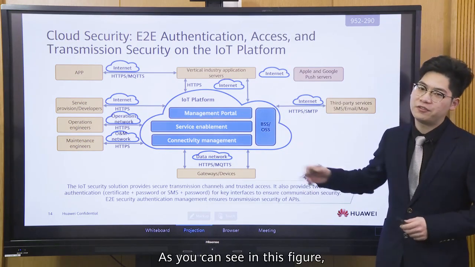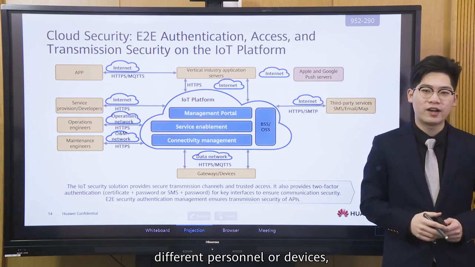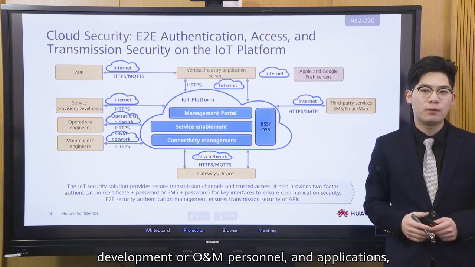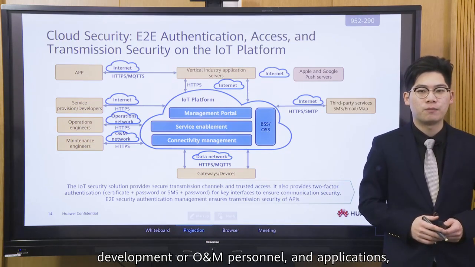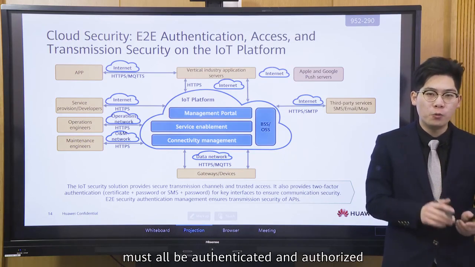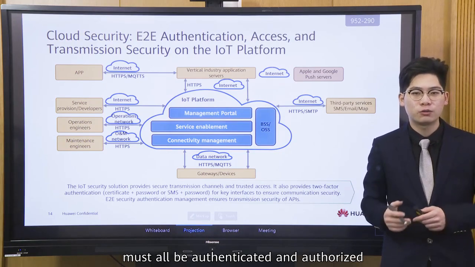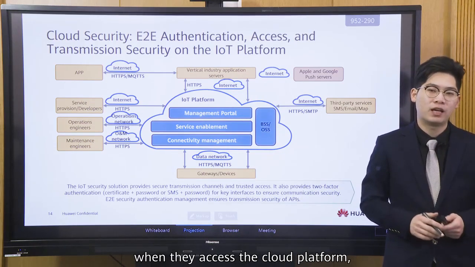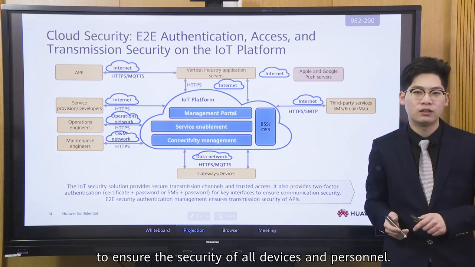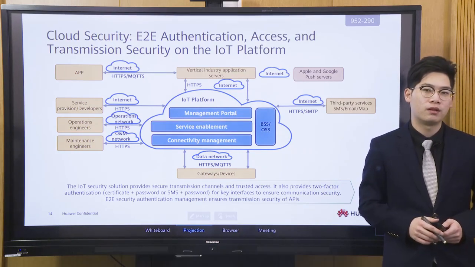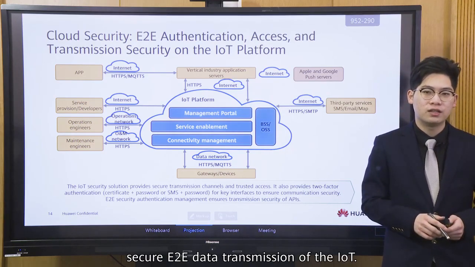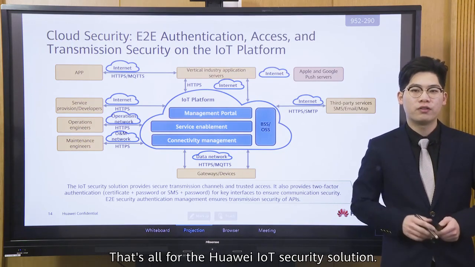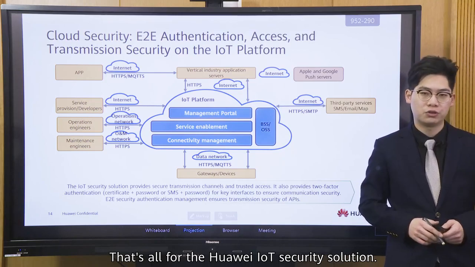As you can see in this figure, different personnel or devices, such as gateways or devices in the sensing layer, development or O&M personnel, and applications must all be authenticated and authorized through different networks and portals when they access the cloud platform to ensure the security of all devices and personnel. This eventually ensures secure E2E data transmission of the IoT. That's all for the Huawei IoT security solution.